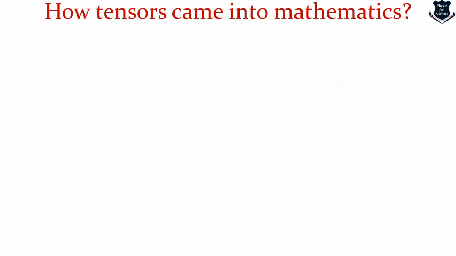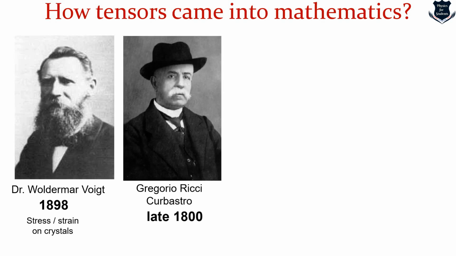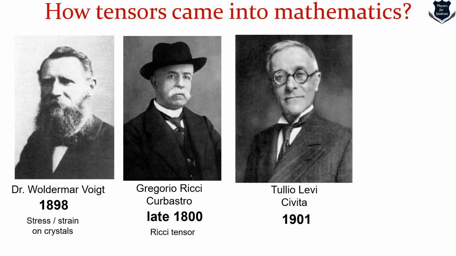With Josiah Willard Gibbs, we further come to know this wonderful person, Dr. Woldemar Voigt, in 1898, who used and discovered tensors while studying stress and strain on crystals. Then Gregorio Ricci-Curbastro in the late 1800s, whose Ricci curvature tensor, as we will see, is extensively used by Albert Einstein, and finally Tullio Levi-Civita, the Italian mathematician, who used tensors to develop something called tensor calculus.